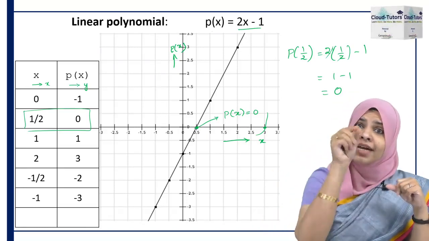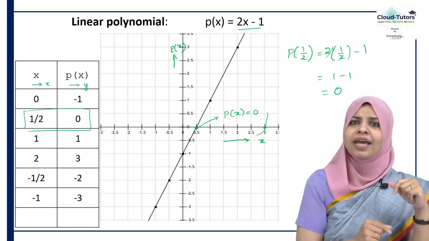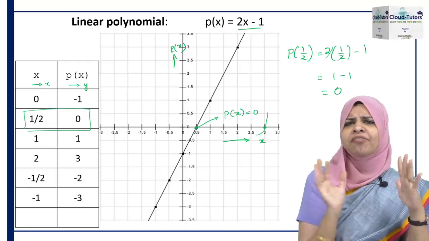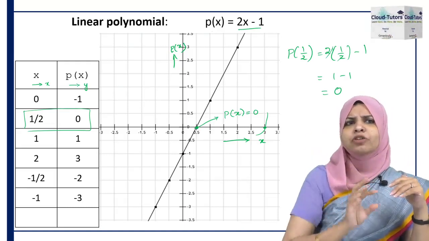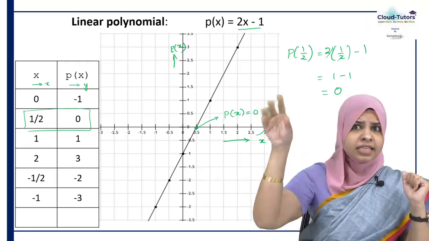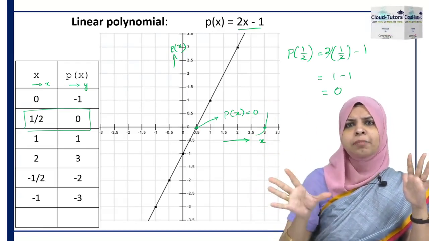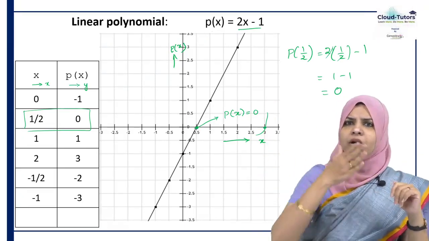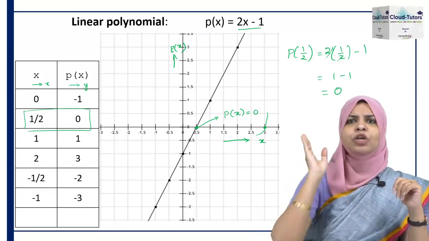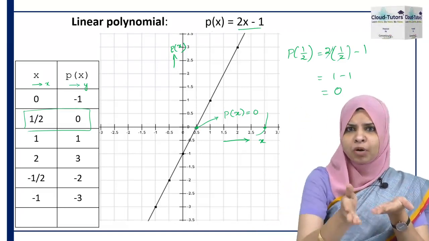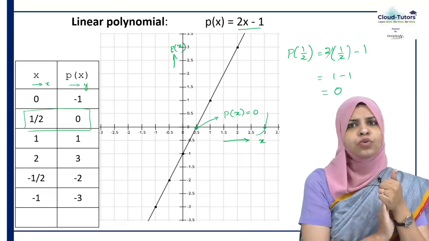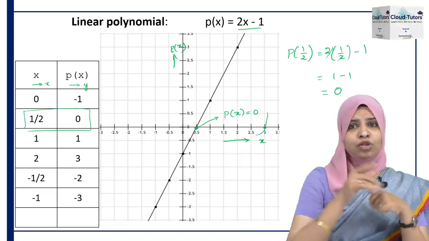That is what it is trying to tell you. The other values of P of x just indicate the position on the Cartesian plane. It's okay, right? When you are plotting, you will understand it. When you go to linear equations, you will plot linear. Definitely you do not have anything plotting for quadratic though.